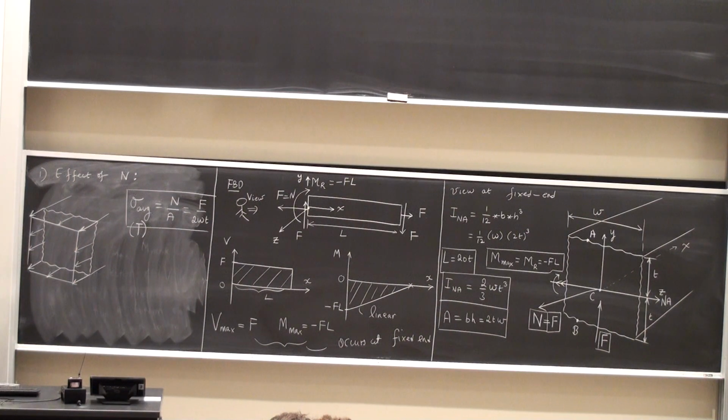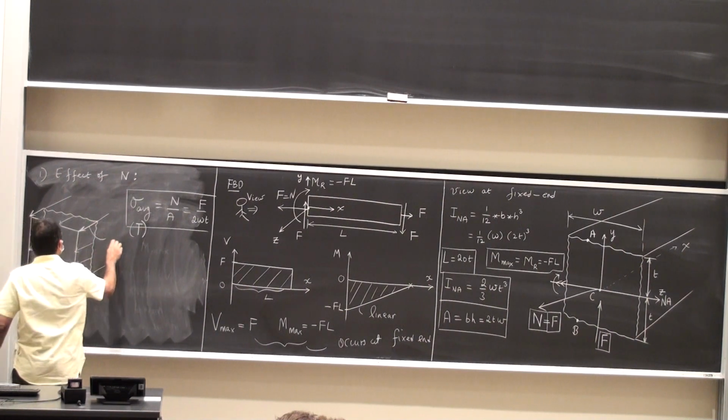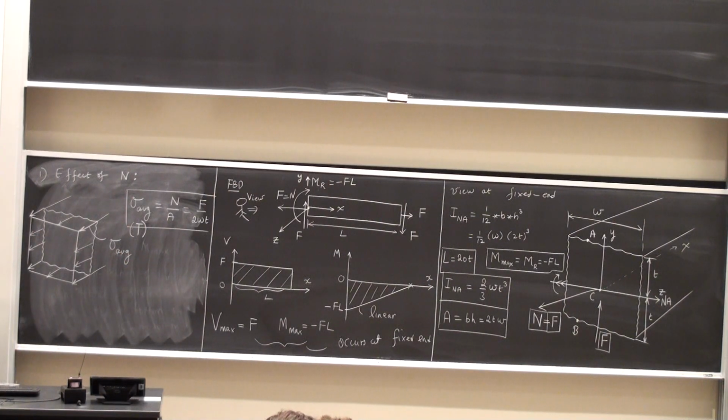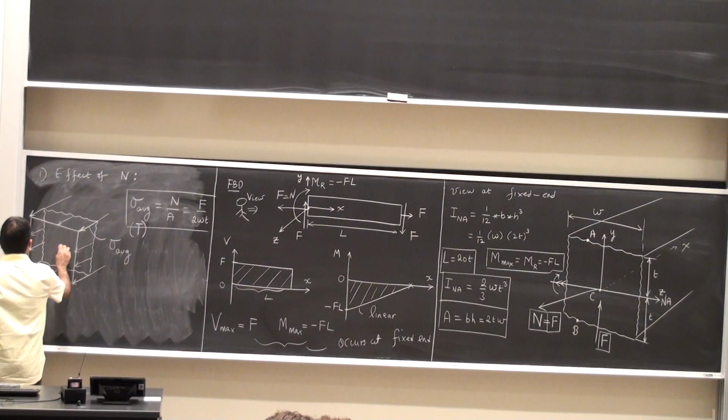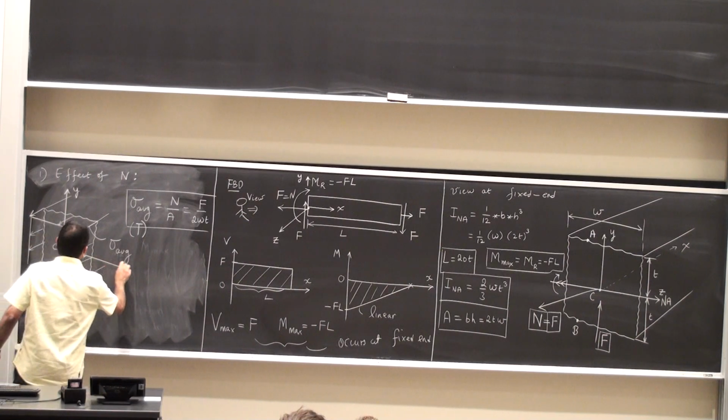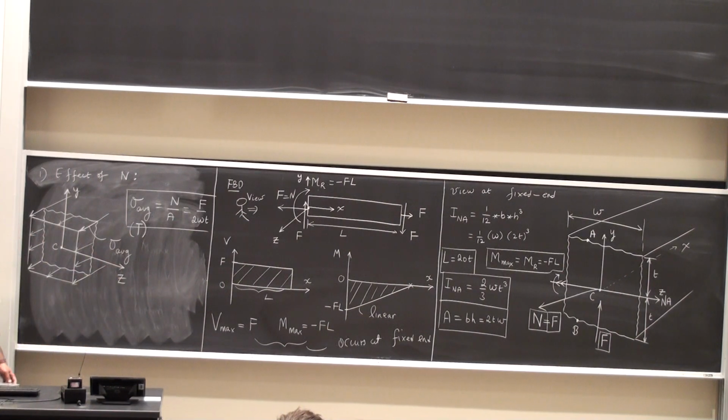Each and every point on the cross section is going to be subjected to the same normal stress, which is going to be sigma average, which is N divided by A. So this is sigma average. I'm going to set up a directionality for this. Centroid, y-axis, the z-axis or the neutral axis.